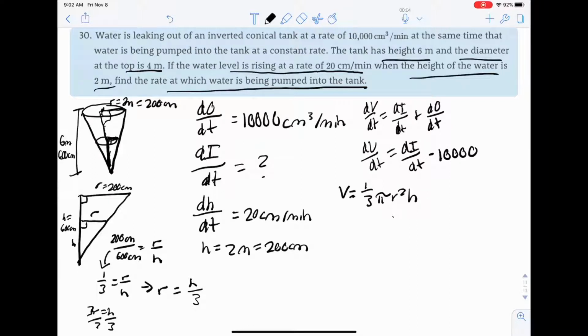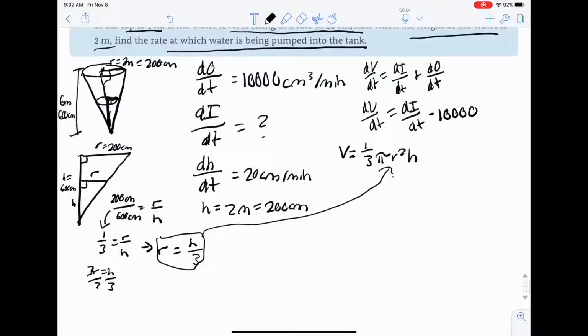Okay, so now we can use this to plug it into the volume formula. In doing that, we're just getting rid of the variable r, so we don't have dr dt when we find the derivative.